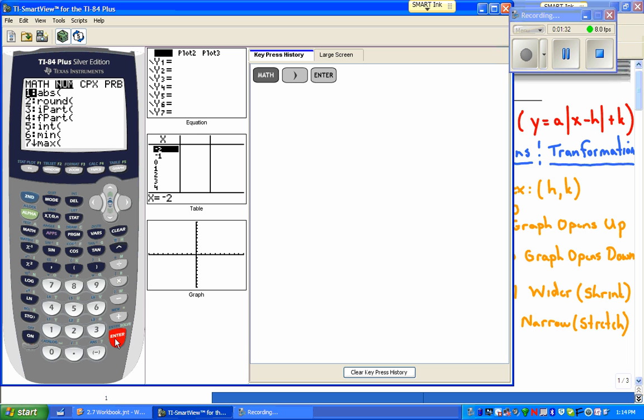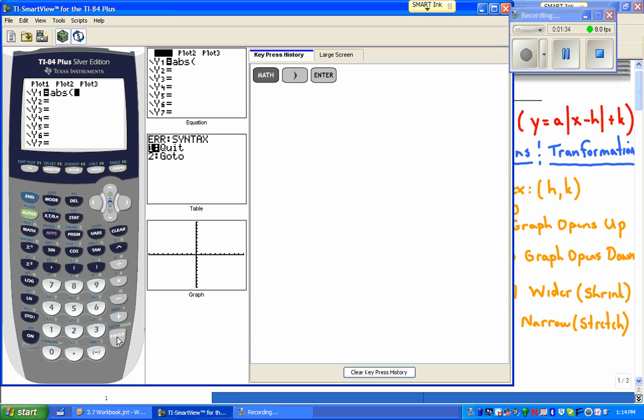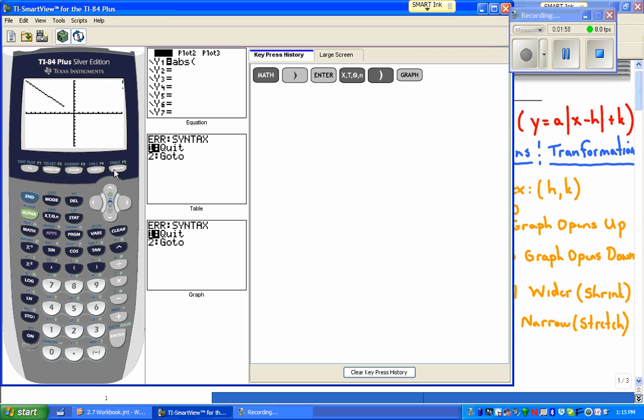You're going to enter when you find it. Now yours might actually show the absolute value bars, but my calculator with my operating system says ABS, and then inside parentheses I'm going to put X, and I'm going to close that. You might have to put the X inside of the absolute value bars and then arrow over to get out of the absolute value. And then all I'm going to do is hit graph.